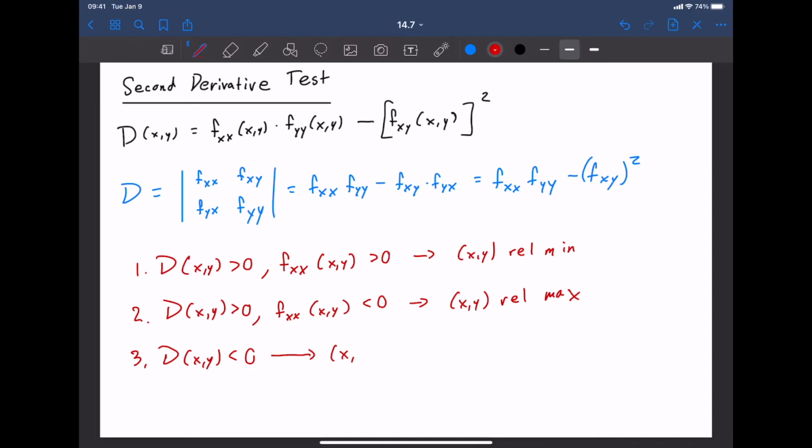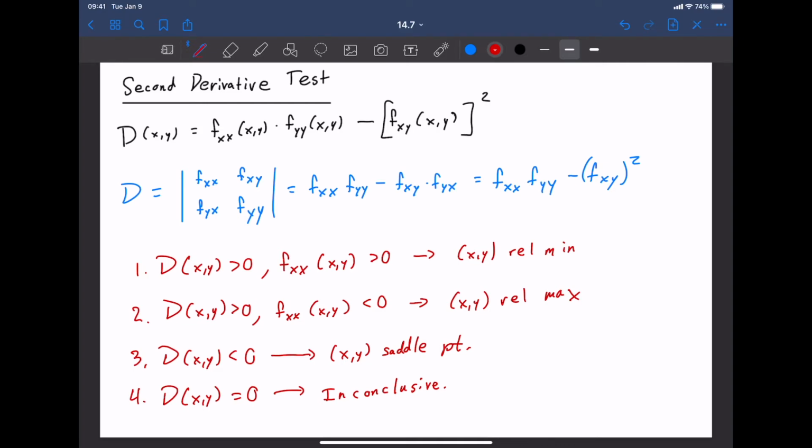We would just know that x, y is a saddle point. Four, if the determinant of this Hessian matrix was 0, this would be inconclusive, which is unfortunate, but in a class like this, we're not really going to deal with that too much.